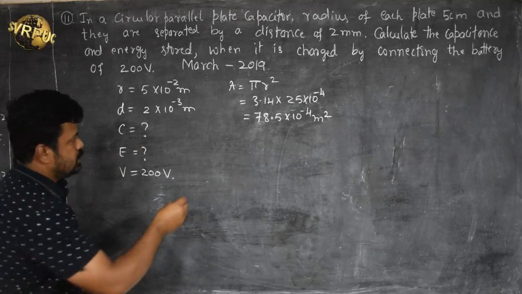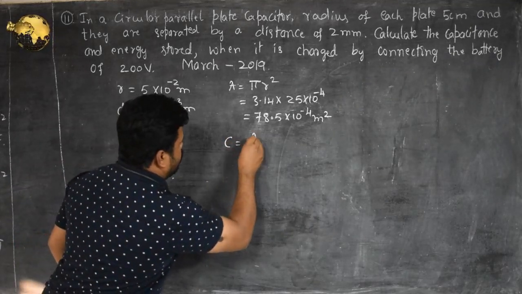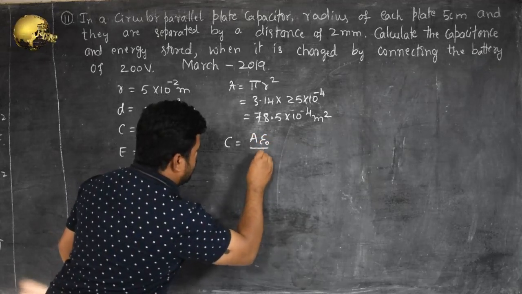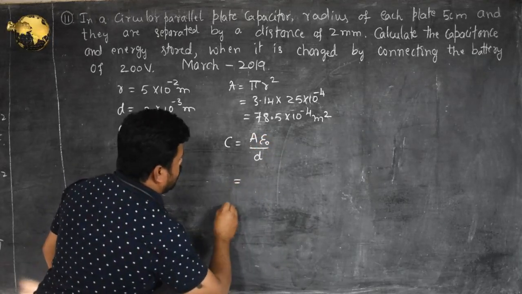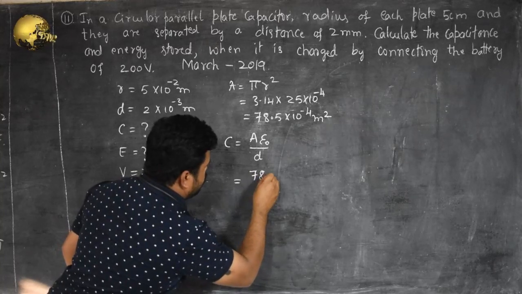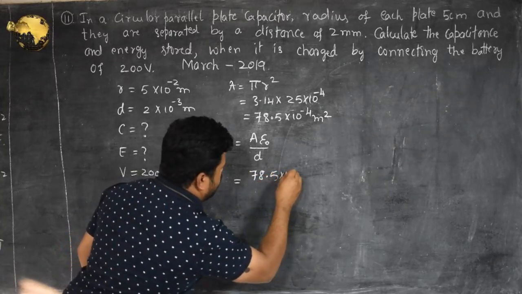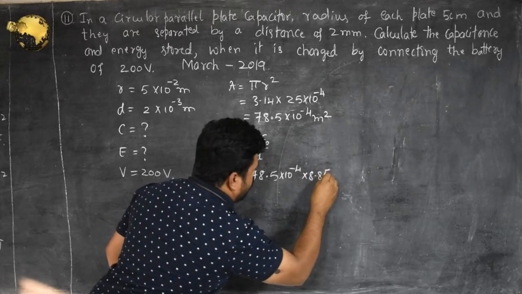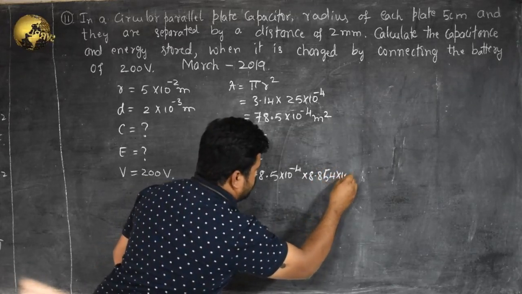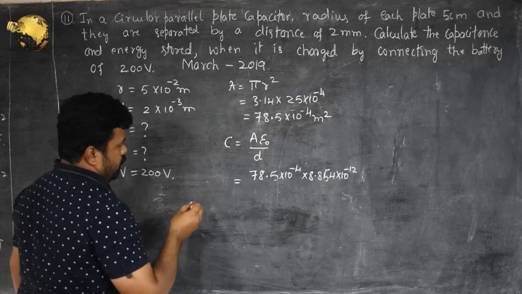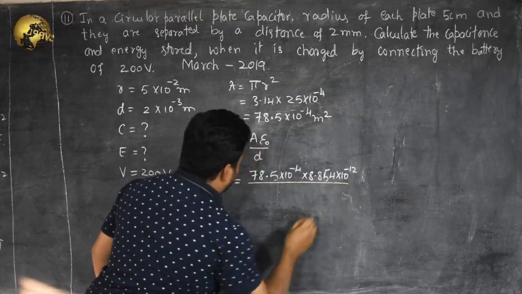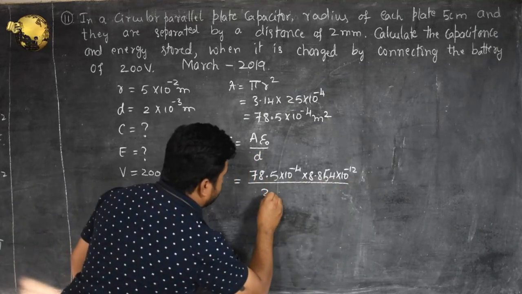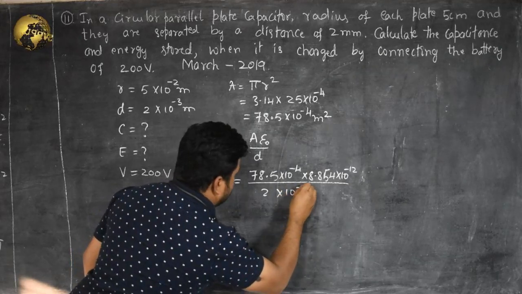So the capacitance C is equal to A epsilon naught by d. A is 78.5 into 10 to the power minus 4, into 8.854 into 10 to the power minus 12, the permittivity of free space epsilon naught, divided by 2 into 10 to the power minus 3.